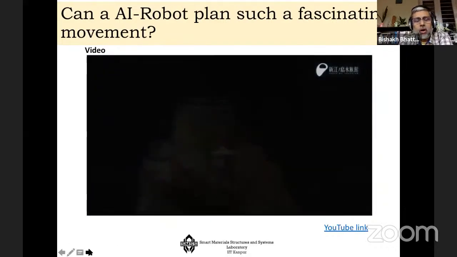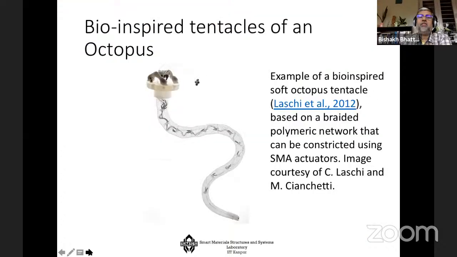So this is one of my inspirations: can we develop a soft robotic system like the arms of an octopus, which can actually feel the environment and change its shape, change its behavior in terms of the transmission of force, moment, etc., and plan for escape and escape strategy?